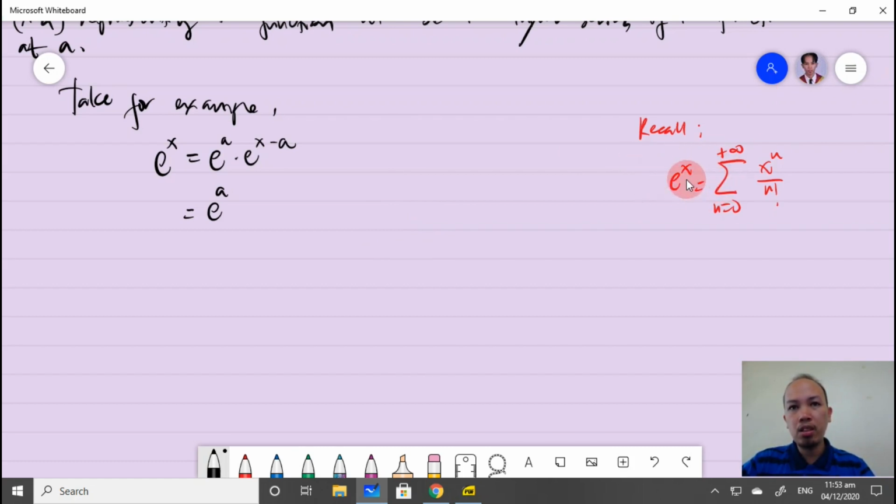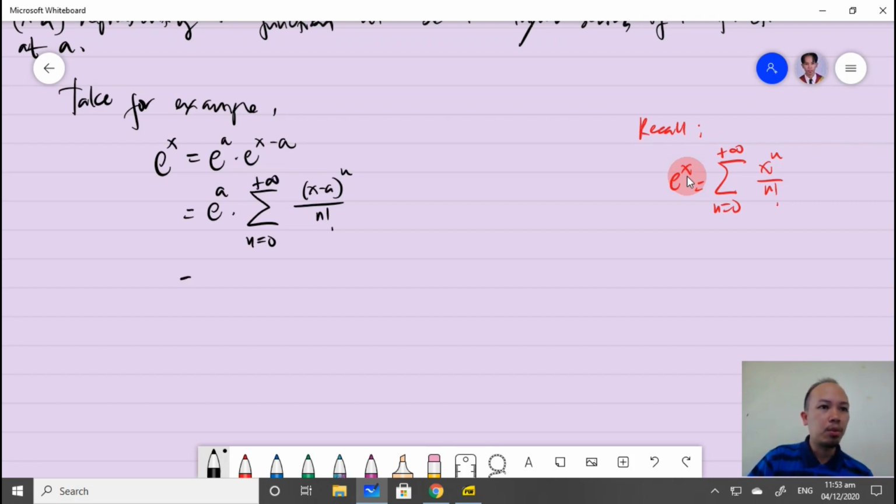If we replace x by x minus a in this power series representation, then we have e to the a times the summation of x minus a to the power of n over n factorial, n from 0 to positive infinity.